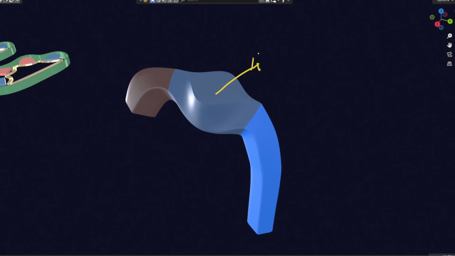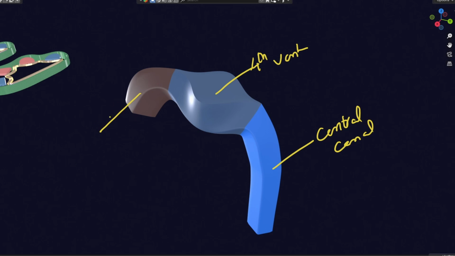So this is basically the fourth ventricle, and this, which is still narrow, is the central canal of spinal cord, and this part is also narrow inside the mesencephalon. This lumen is called the aqueduct of Sylvius.